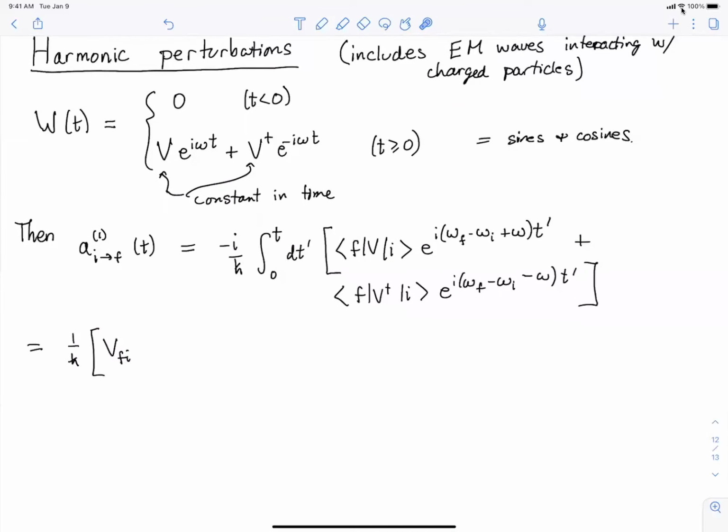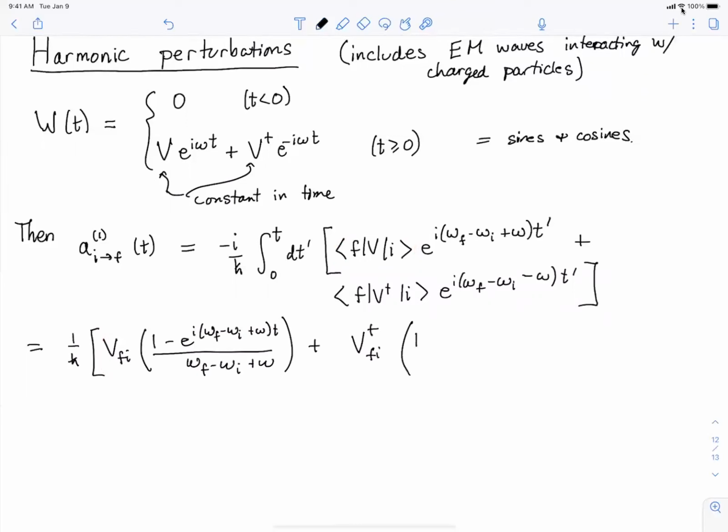So this V_FI here is the same thing as that. It's just a shorthand notation. And then there's a factor, we've already done the integral, it was just with a different combination of omegas. All of this over omega_f minus omega_i plus omega. And then there was V dagger_FI. And it looks almost the same. It's just that omega is coming in with the opposite sign.